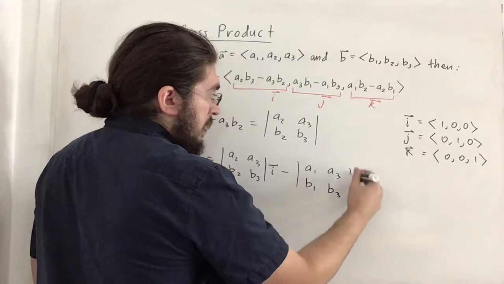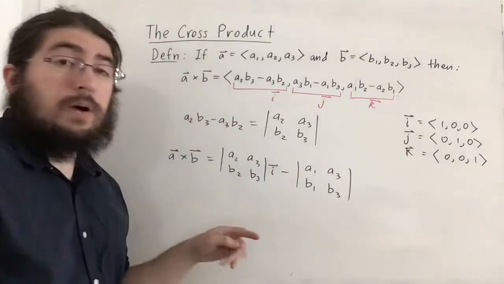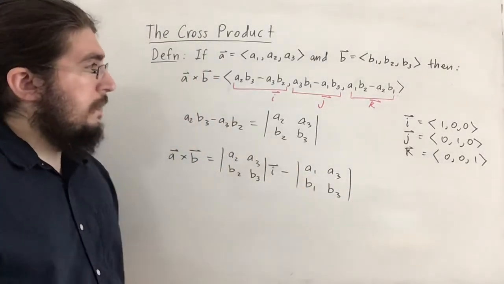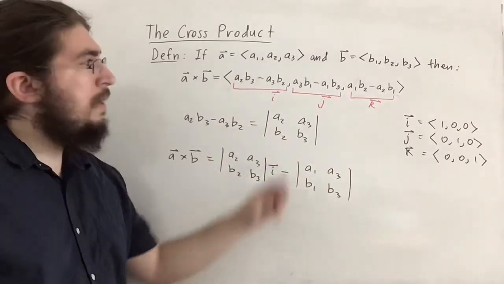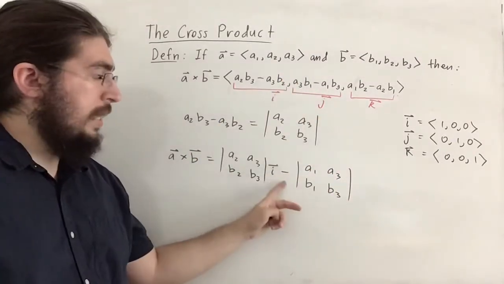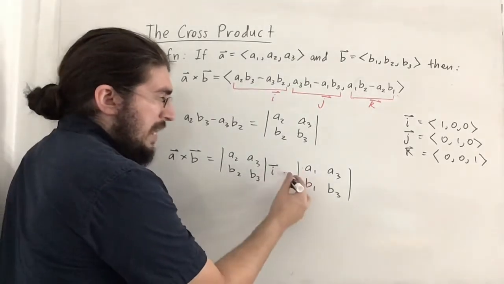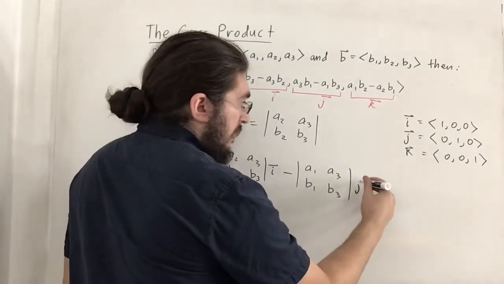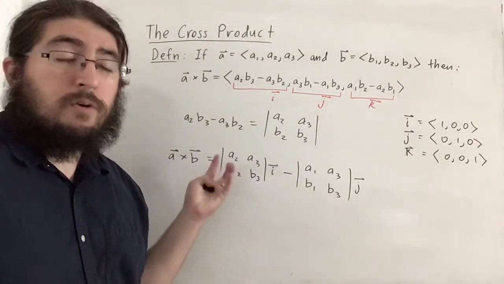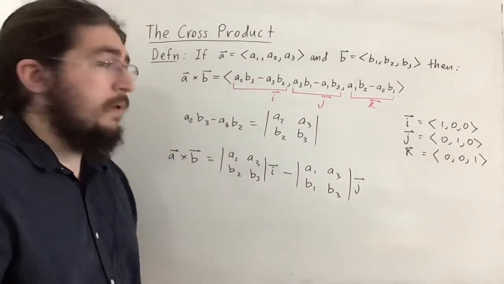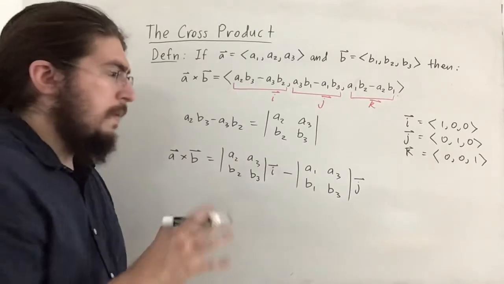I'm trying to keep things in order as far as subscripts go, keeping the A's on top and B's on the bottom. Notice this would be A1 B3 minus A3 B1, but since this is the other way around, we need a minus here. Now things are shaping up to look like what I gave you when we recalled the determinant of a 3x3. So that does come up a little bit in this.